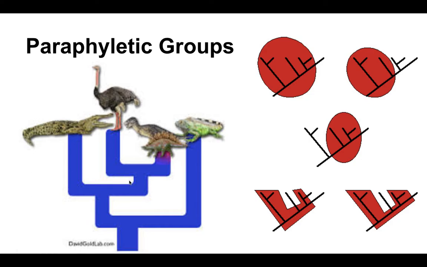Birds are actually more closely related to alligators than iguanas are, which is just a weird thing to think of. So reptiles are a good example of why we might make a paraphyletic group, because birds are obviously the odd one out in this family of animals.